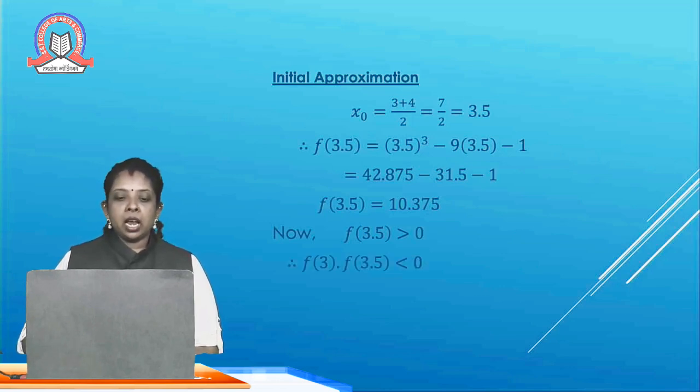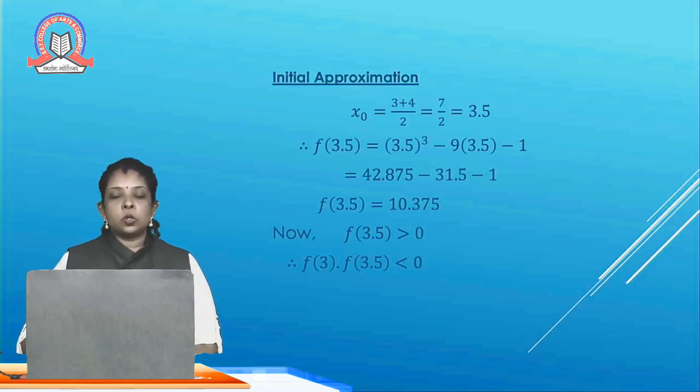So now what we have to do is replace the positive side value with 3.5. Initially what we had got was f of 4 equal to 27, which was a positive value. Now that positive value of f of 4 has to be updated to f of 3.5, which is a smaller positive value, 10, than 27.